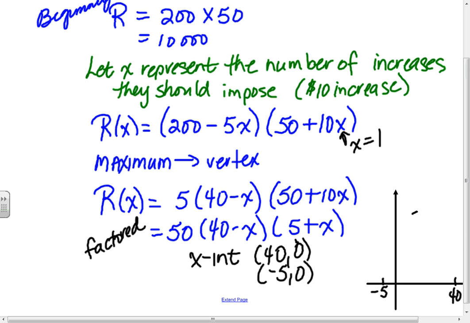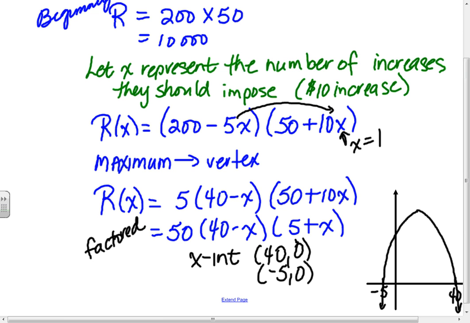I also know that if I were to expand that, let me just draw this first. If I were to expand this equation, I would end up with, when I do my last terms, negative 50x squared. That is the leading coefficient, and it is negative.